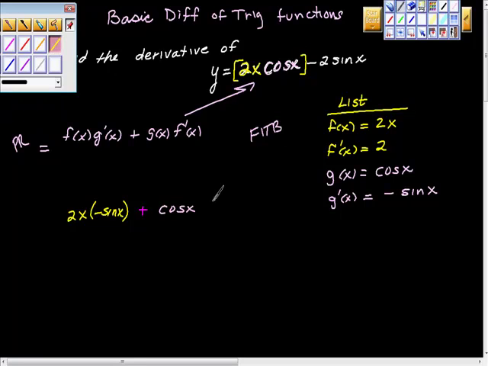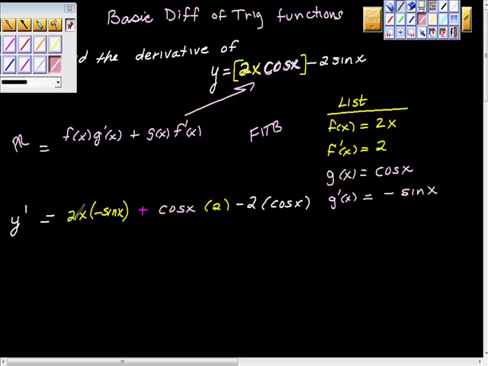So this piece is done. This negative 2 is this negative 2. This is the constant multiple rule. And we know that the first derivative of sine x is cosine x. So that is cosine x, and this is our y prime.